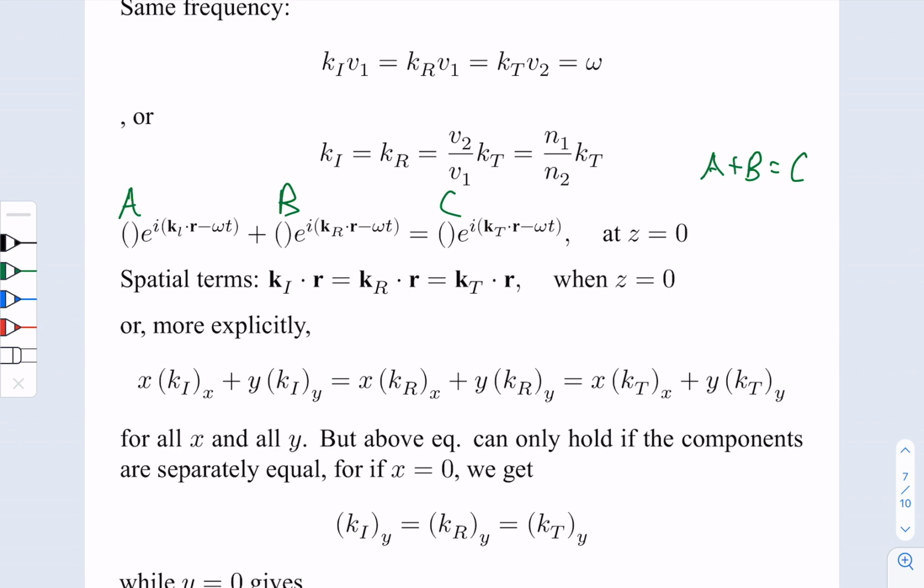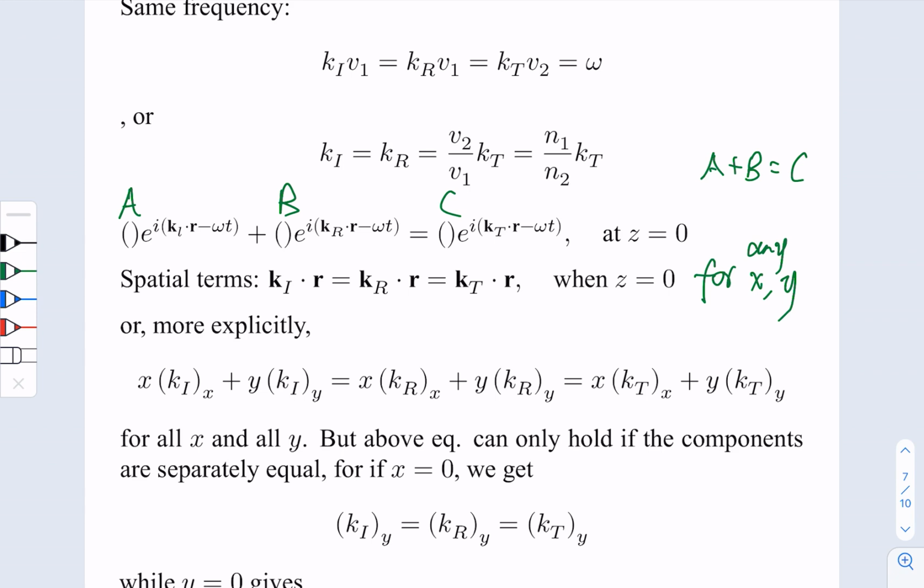So for this solution to always be satisfied at the boundary z equals 0, this term must always be a constant across the whole boundary, specifically at z equals 0 and for any x and y. So this has to be satisfied.